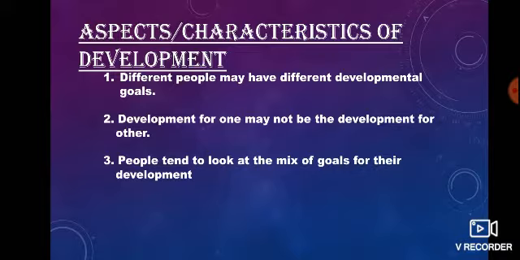They need to achieve a mix of goals. So mix of goals is the most important aspect of development. What are the aspects of development? Different people may have different developmental goals. Development for one may not be development for another. People tend to look at mixed goals for their development.